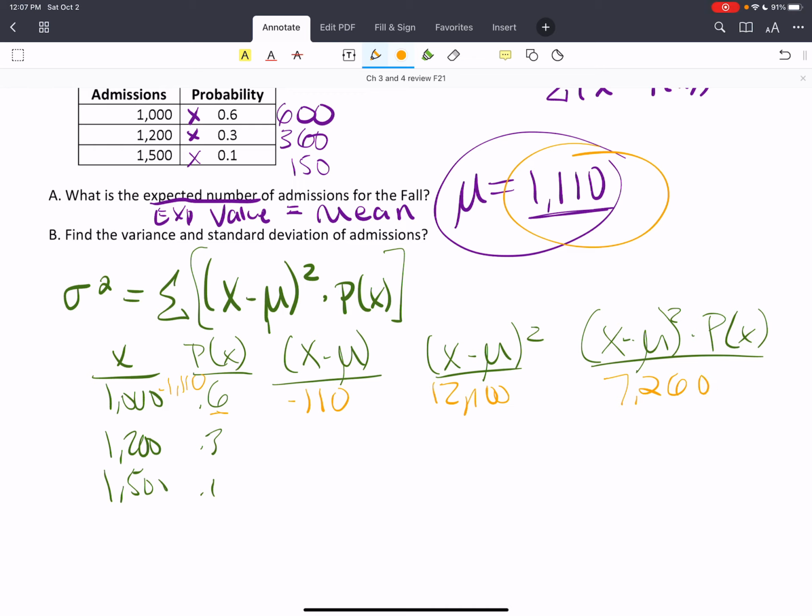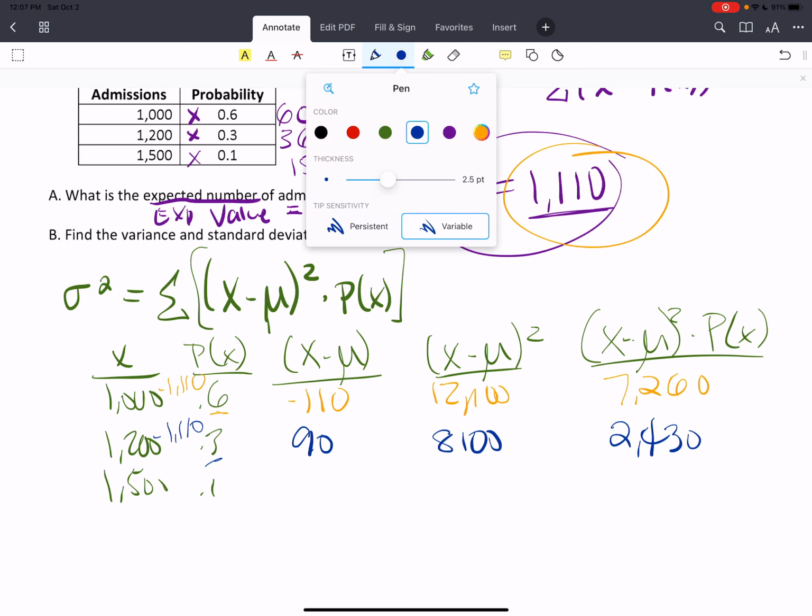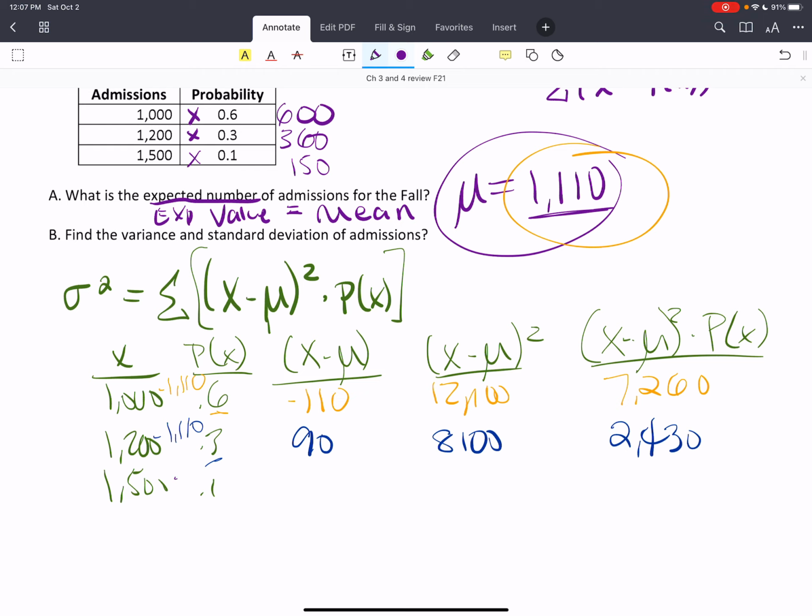All right, so my second, 1,200 minus 1,110 gives me 90. 90 squared is 8,100. 8,100 times the probability of 0.3 is 2,430. All right, almost there. And then 1,500 minus 1,110 is 390. 390 squared is this nice big number.